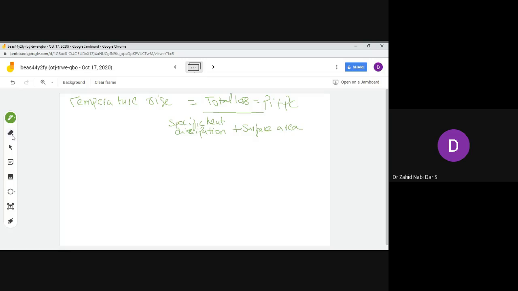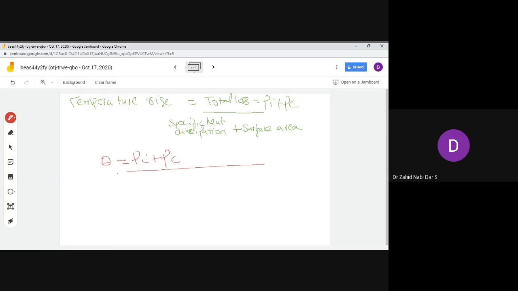So in other terms, you can write theta is equal to the total loss, Pi plus Pc, divided by specific heat dissipation into surface area. Specific heat dissipation is due to convection and radiation.